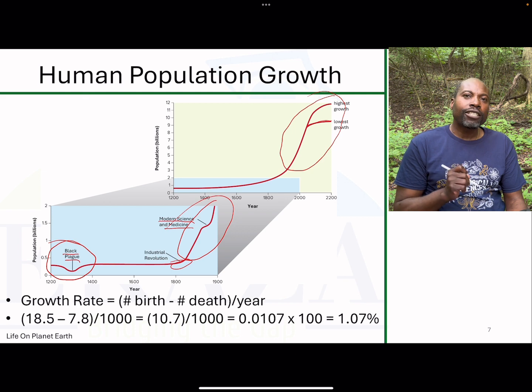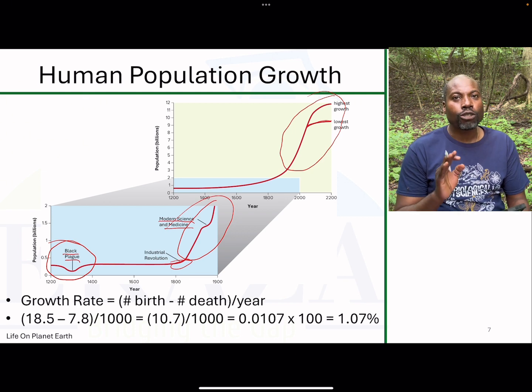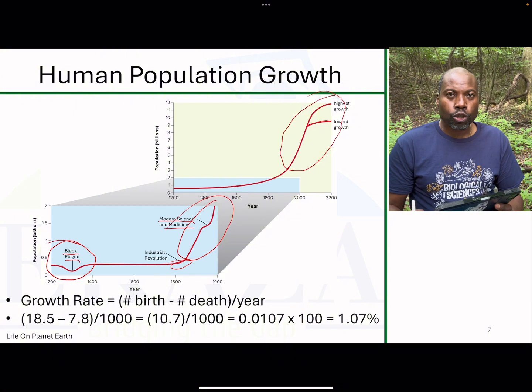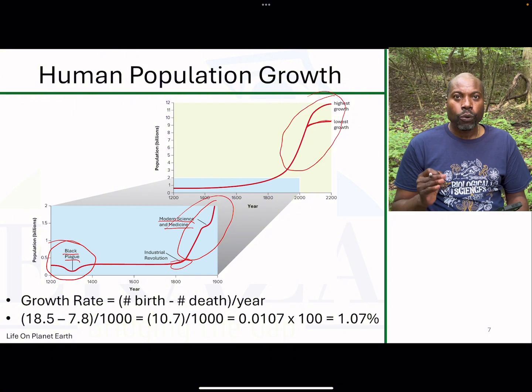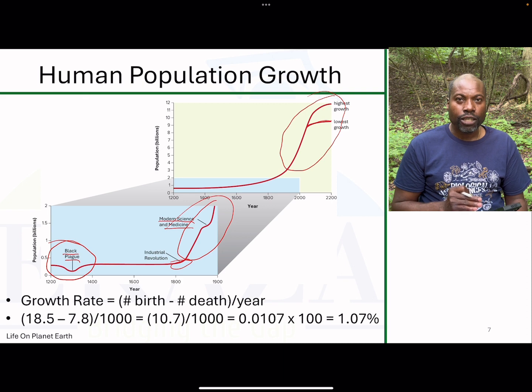Where is that population exactly going to level off? We don't know exactly. There are some assumptions as to where and when the human population is going to level off, but we don't know for sure, right?